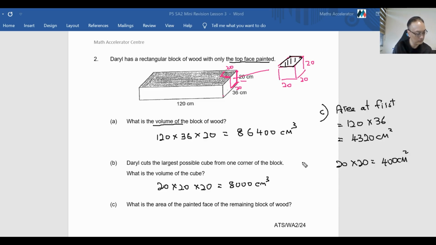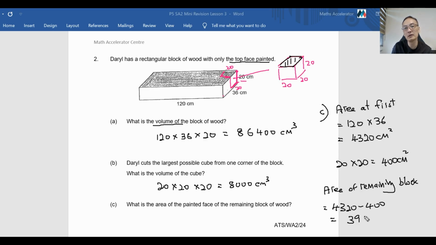So now we can find the area of the remaining block. So area at first is 4320, we cut out 400, and we will get 3920. So that's our answer.